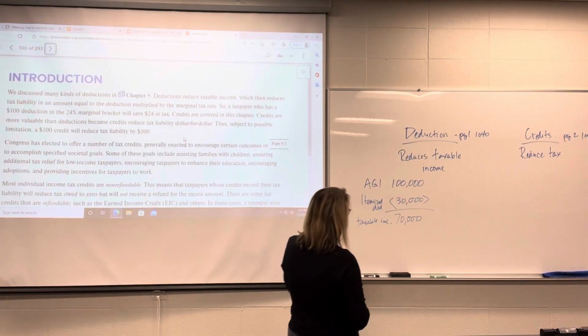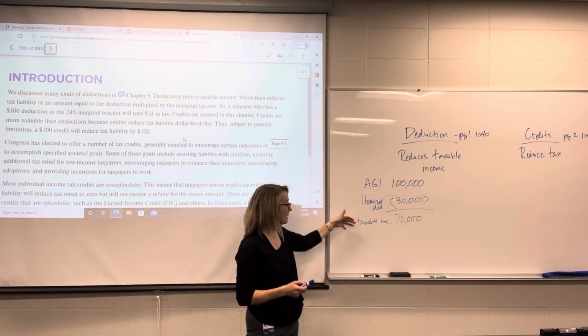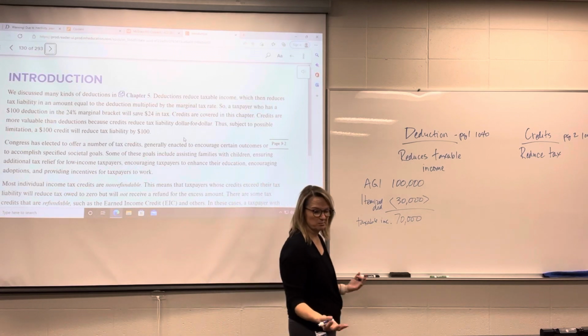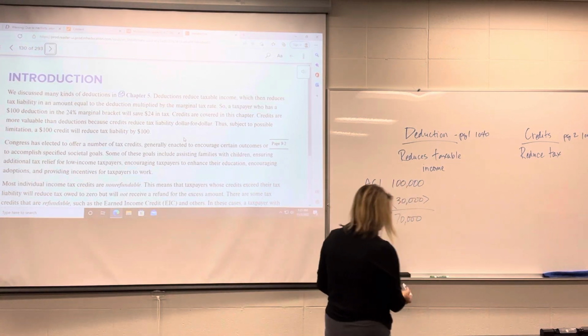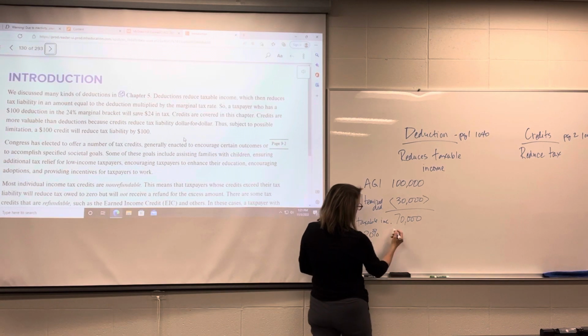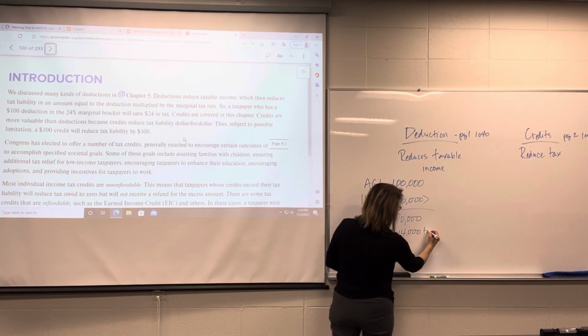Our deductions were calculated before we arrived at this point. Now what we would do is apply our tax rate, right? Let's be simple. Let's say we have like a 20% tax rate. So 20% would be, what is that, $14,000 in tax.